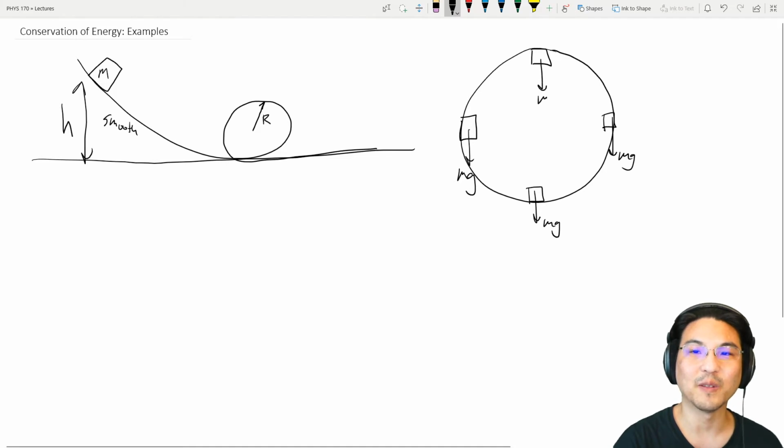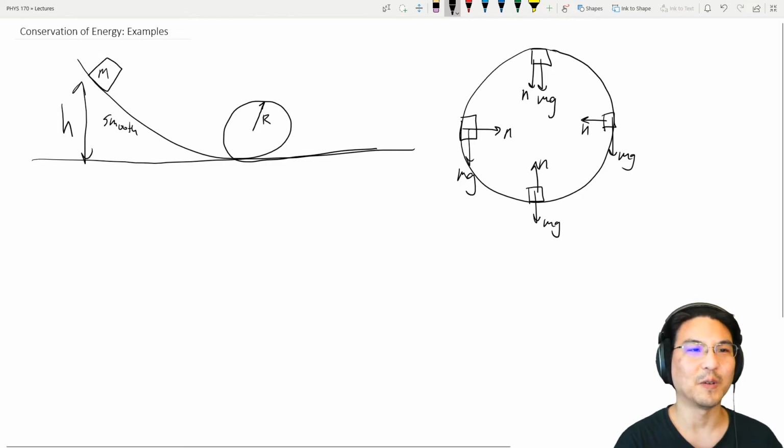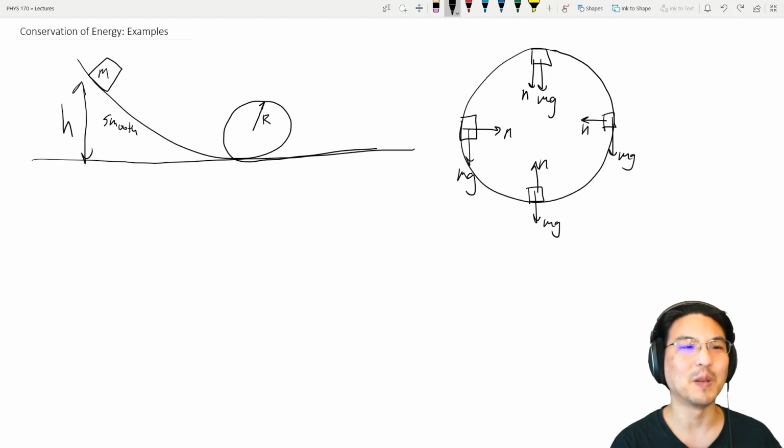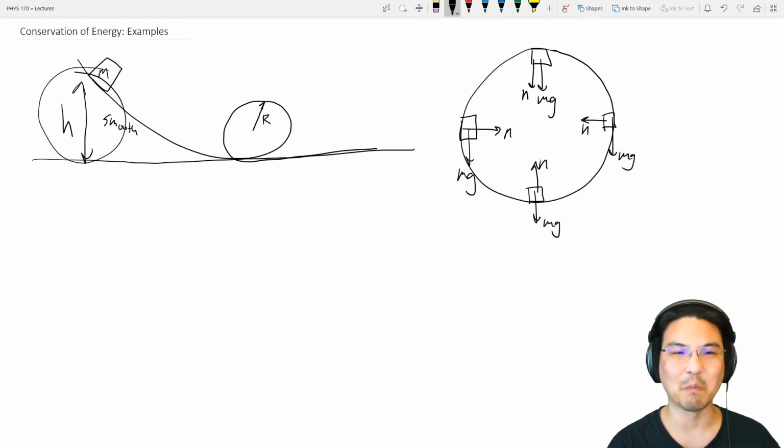But the normal force is normal to the loop. And if you start really high, then it goes really fast, and there's a lot of normal force. But let's find the minimum height necessary to just barely make it through the loop.